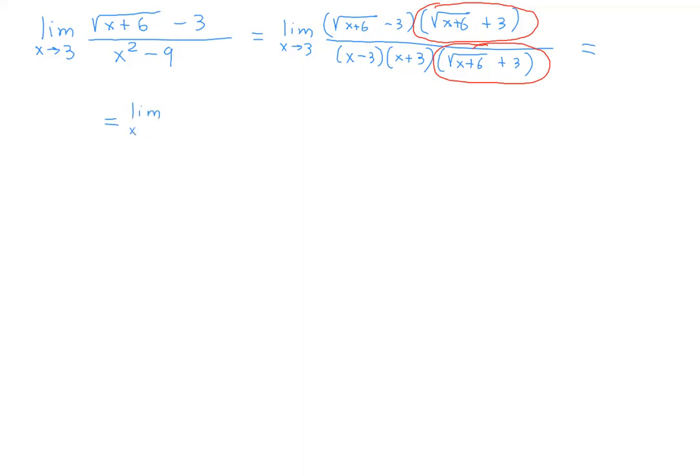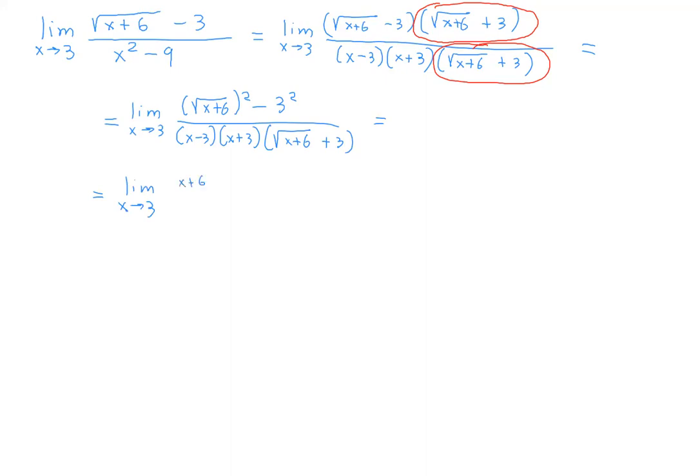In any case, now the top can be rewritten as square root of x plus 6 squared minus 3 squared over x minus 3 times x plus 3 times square root of x plus 6 plus 3. So this is going to be the limit as x tends to 3 of x plus 6 minus 9 over x minus 3 times x plus 3 times square root of x plus 6 plus 3.